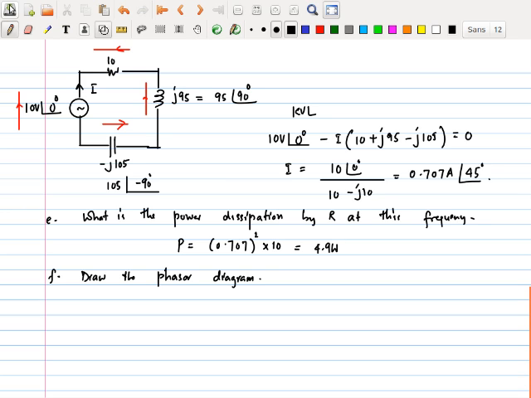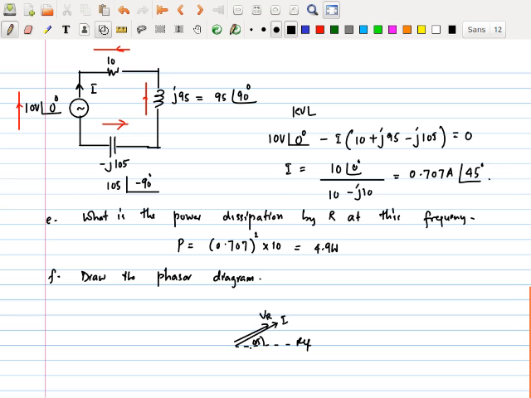So here, there are a couple of ways in which you can draw this, but since you already know I and its angle, here's what you do. You pick yourself a reference angle of 0, sketch I. That should be 45, right? Yes, that should be 45. Then you realize resistance should not have a phase shift. So that should be VR.